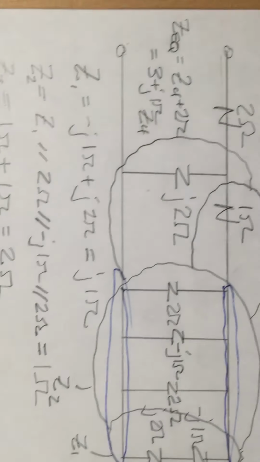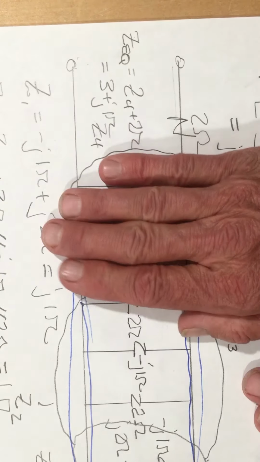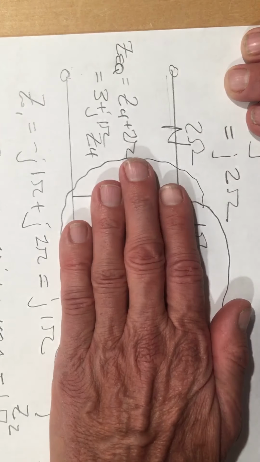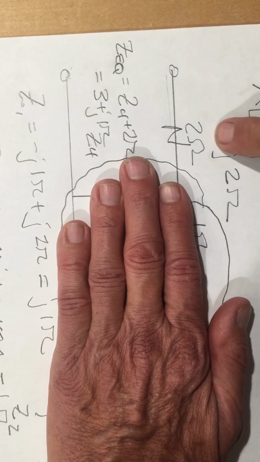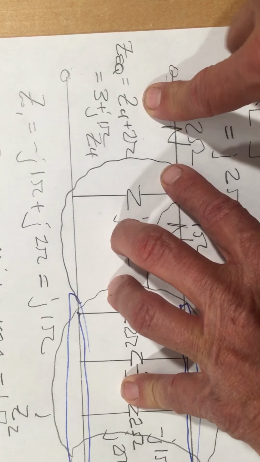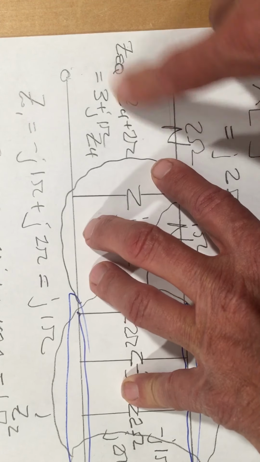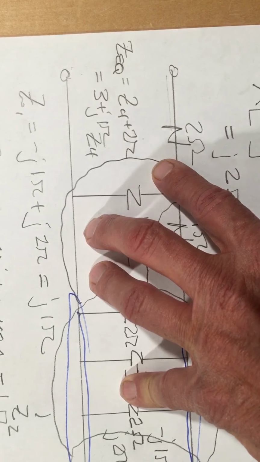And then the final value is the 2 ohm resistor. It's in series with this stuff over here. This stuff is now a 1 plus J1 ohm impedance. I add the 2 ohms to it. ZEQ is Z4 plus 2 ohms, which equals 3 plus J1 ohms.